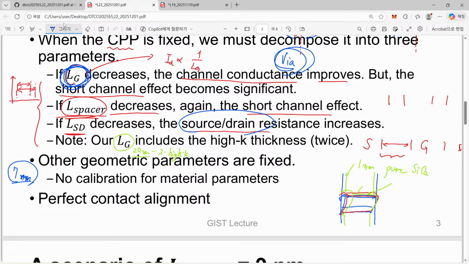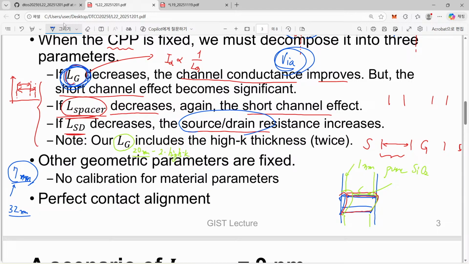Of course, for example, the CPP option is also not available to designers. But anyway, I will just keep this fin shape at 7 nanometer, and the 32 nanometer fin height will also be fixed. So that is my assumption.